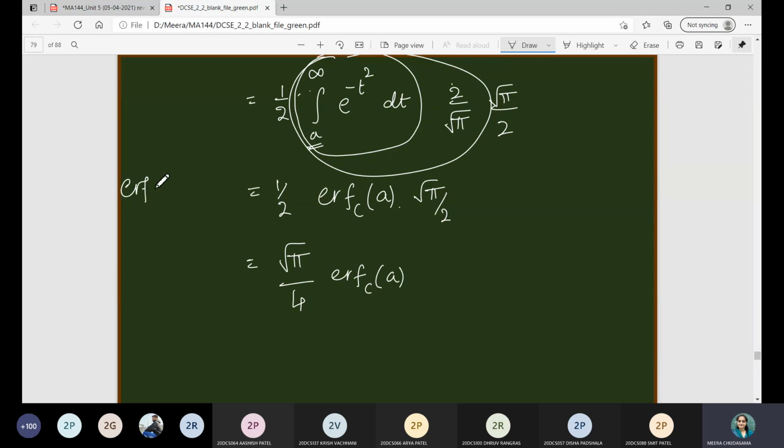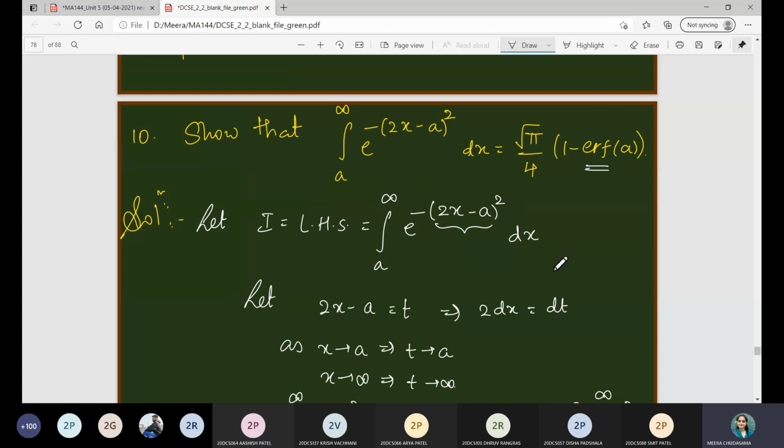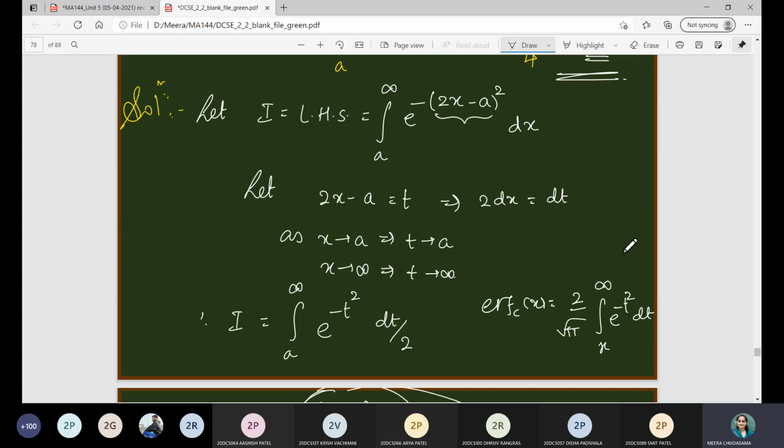But we know that error function at a plus complementary error function at a is 1. So complementary error function is 1 minus error function. So square root of pi by 4 times (1 minus ERF at a), and that is what we are asked to prove, which is RHS, right?